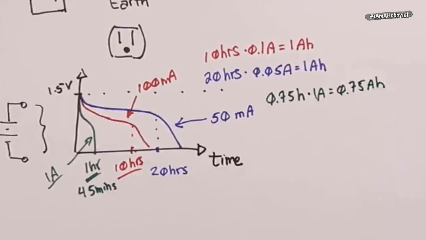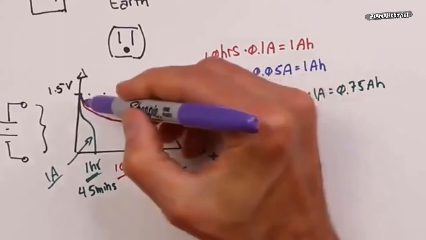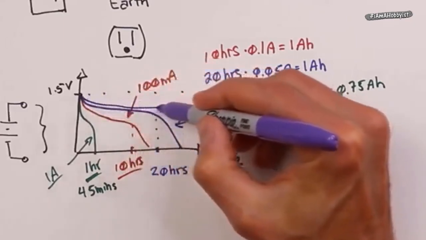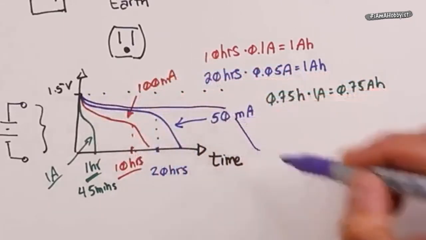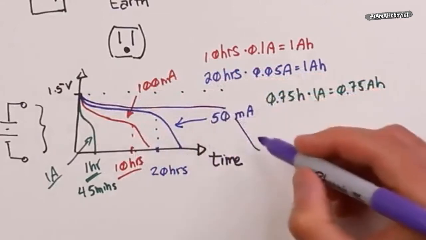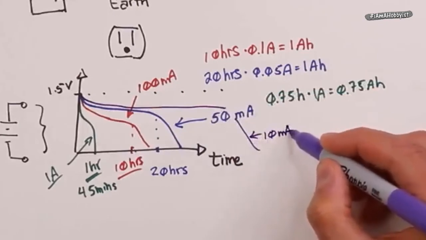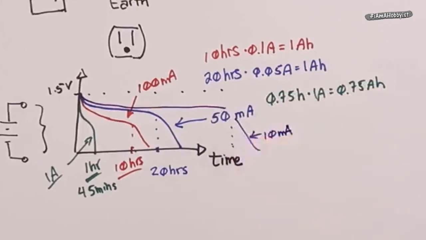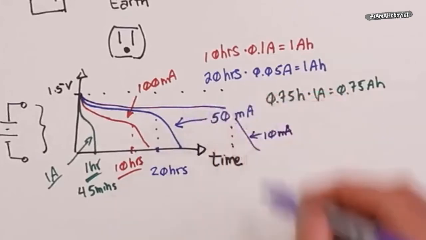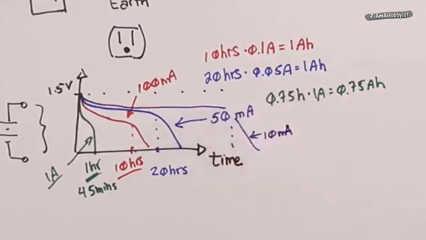On the other hand, we could go the other way with this. What if we're really sort of sipping the current, like we're only drawing 10 milliamps? Now it's going to do something like this. It's off the charts! If that's 10 milliamps, we might find that current starts to drop off, that inflection point starts to drop off at a considerably higher value.